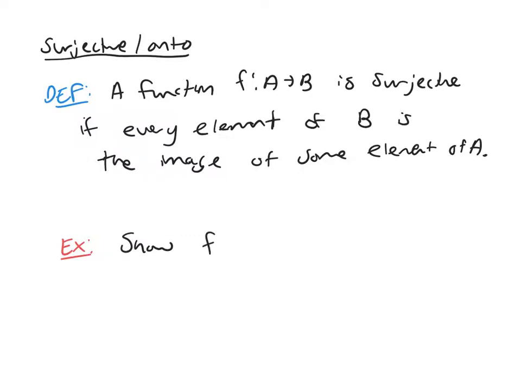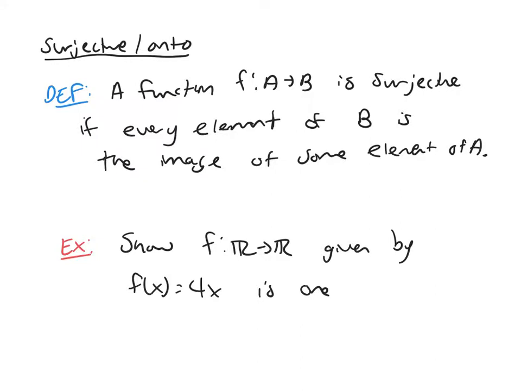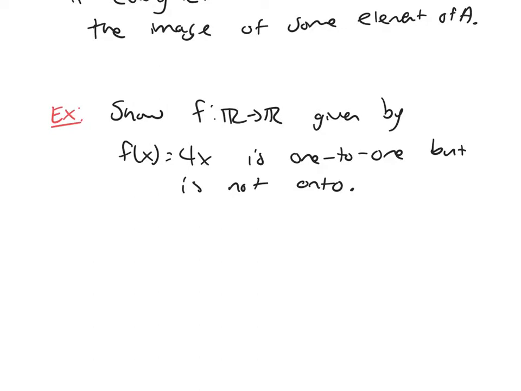Show that the function from R to R given by f of x equals 4x is one-to-one. It is injective, but is not surjective or not onto. So I'm not going to do that one, but you should be able to do that.